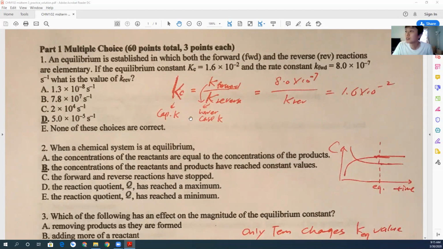a reaction. So for the first problem, that's the definition of an equilibrium constant, right? So how we develop that equilibrium constant. By definition, the equilibrium constant Kc is equal to the rate constant of the forward reaction divided by the rate constant of the reverse reaction.